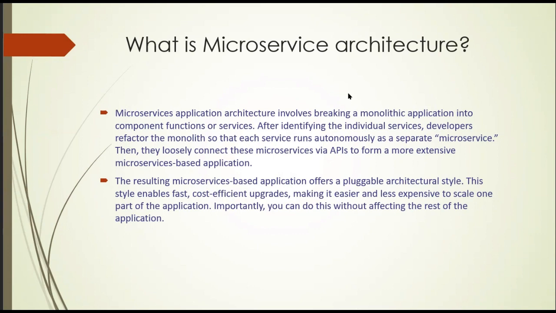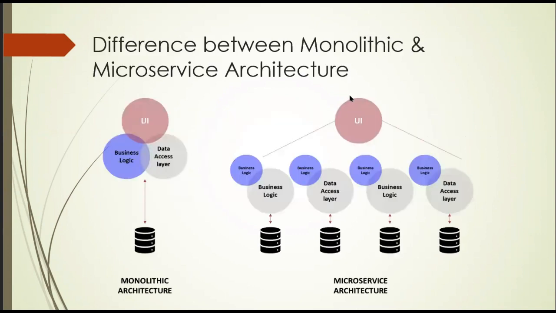So let's see the diagrammatical representation, how it is different, right? In monolithic, you can see the business logic and data access layers all will be clubbed into one bundle, right? And released as one project. Whereas in microservices, you can see all are split into different services, right?